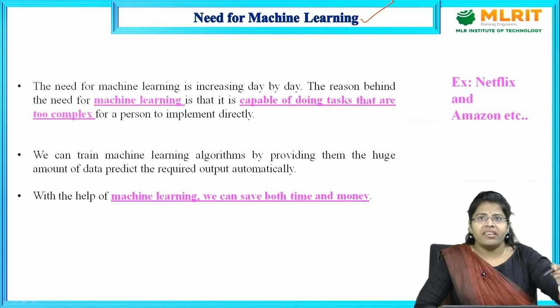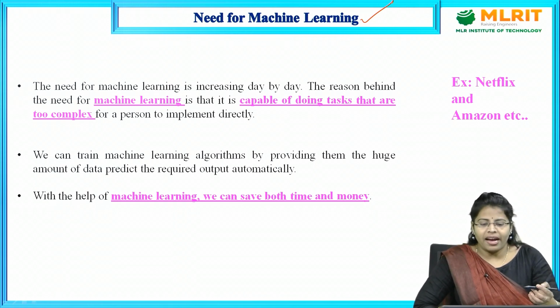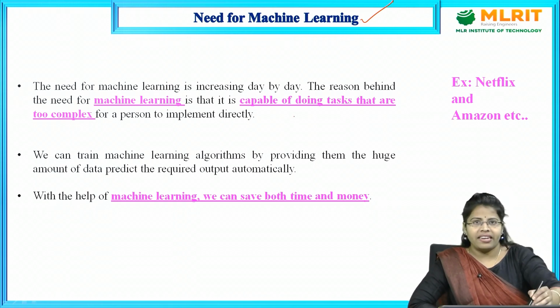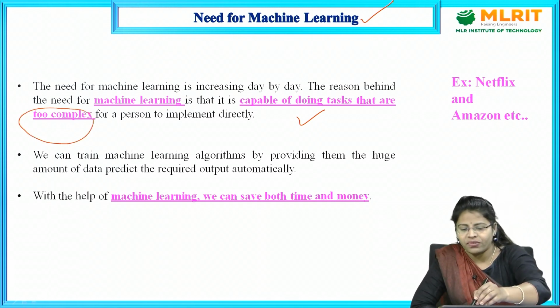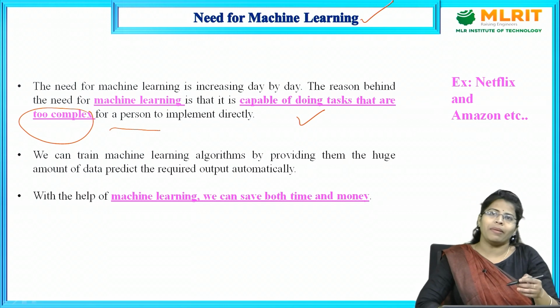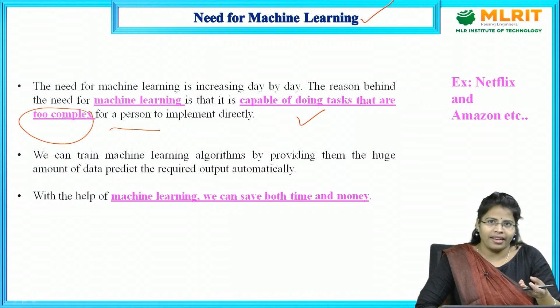Next, what is the need for machine learning? The need for machine learning is increasing day by day. The reason is that it is capable of doing tasks that are too complex for a human to implement directly. As humans, we are not able to collect a huge amount of data manually.